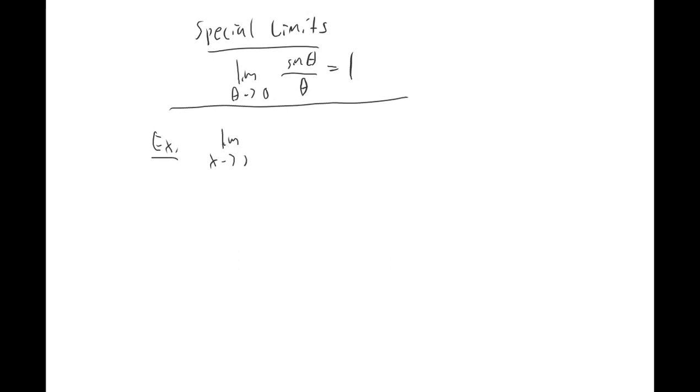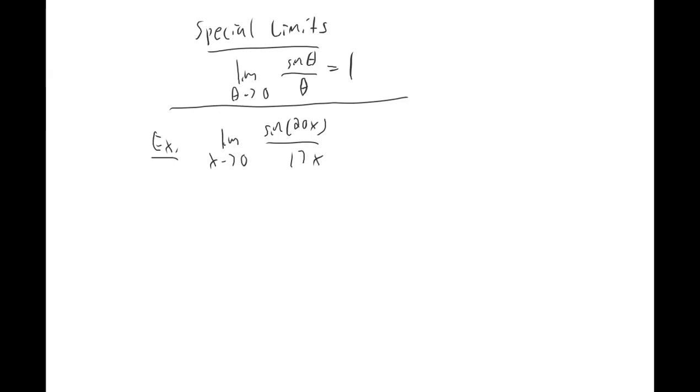Limit as x goes to 0 of sine of 20x over 17x. So here, what happens if you plug in 0? Yeah, 0 over 0. Not going to work.